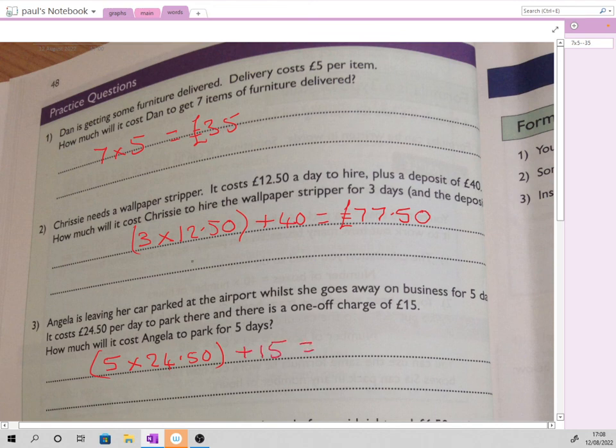Look, exactly the same. Yeah, we've made a little formula there. So 5 times £24.50 equals that, and we'll add on to that 15. And that comes up as 137.5. Remember, it's money, so we do this to finish it off.